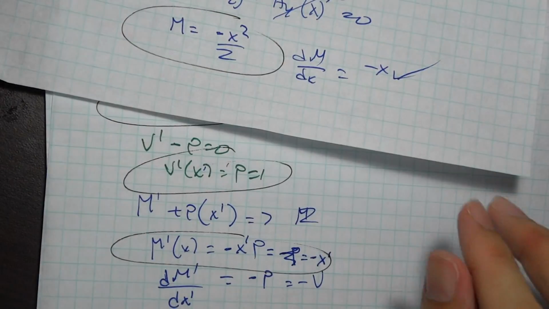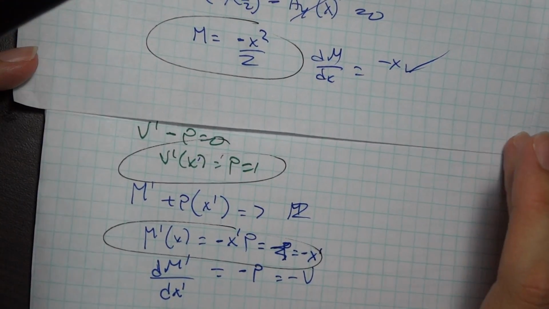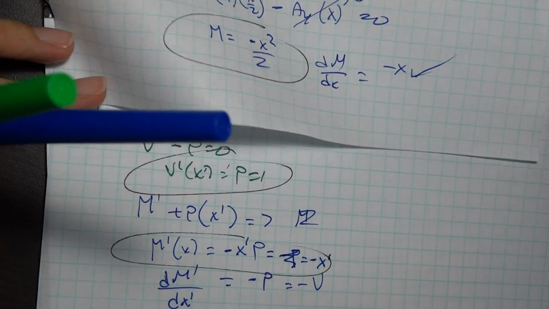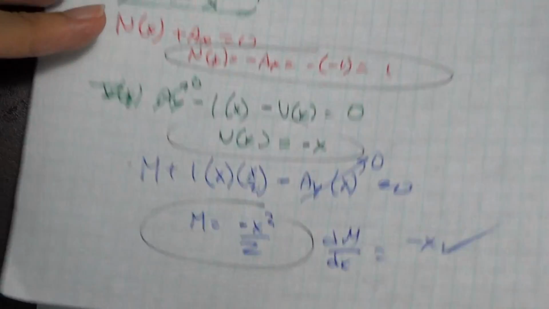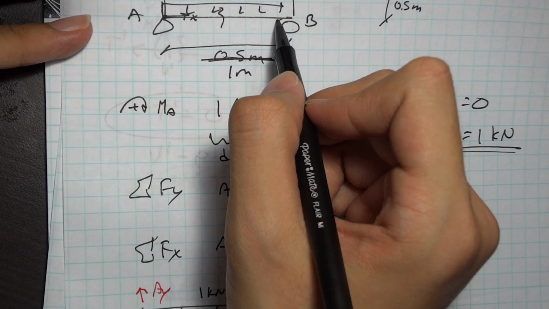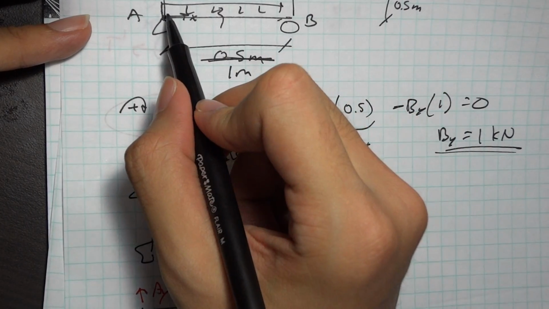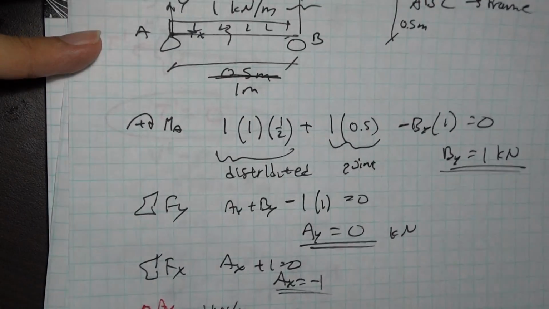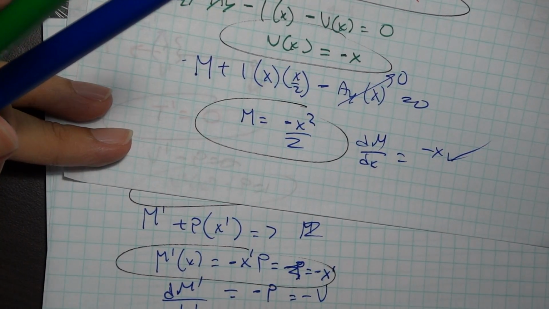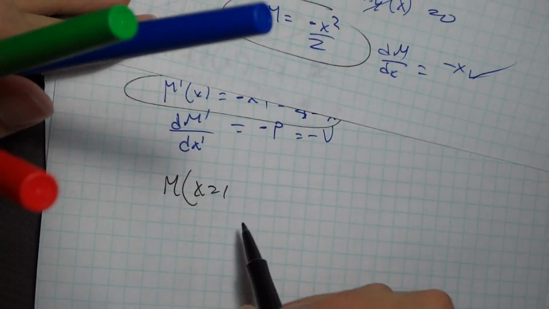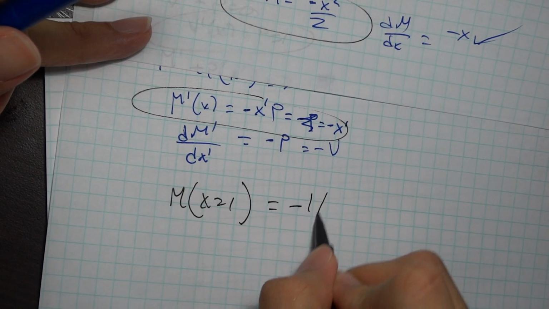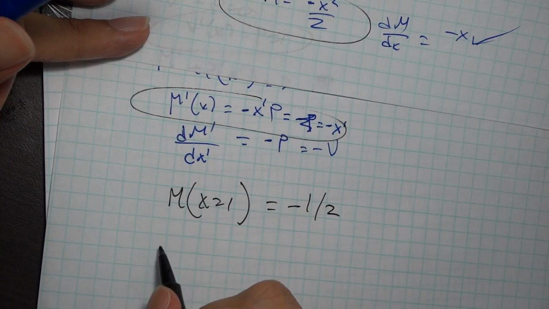I want you to notice what happens here. What is the distance from A to B? Or sorry, when you're starting from here, what value of x gives you B? When x equals 1, right? Let's look at this here. M of x at x equals 1, and when you do this, you get negative 1/2. What about for M prime?